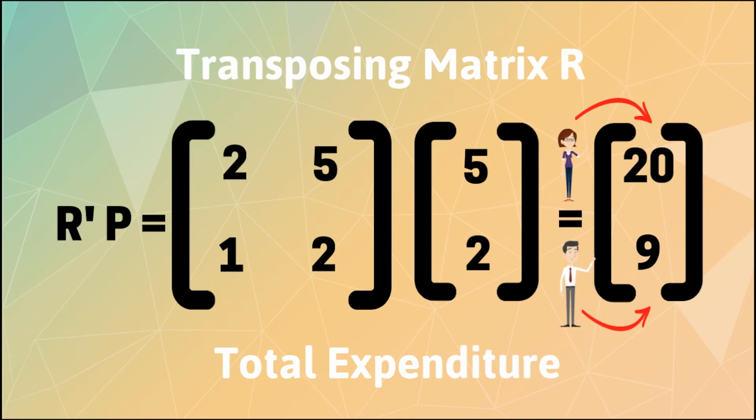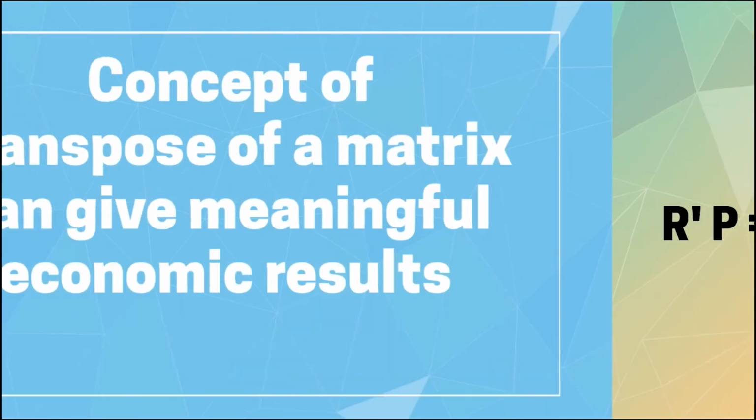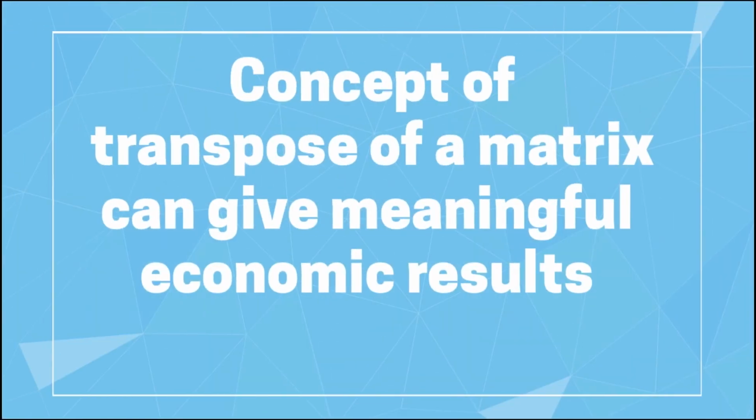This vector gives exactly the values of the expenditure incurred by the woman and the man, and hence has an economic meaning. The first row gives the expenditure by the woman and the second row gives the expenditure by the man. This concept may be used for a large number of people and a variety of goods in an economy.